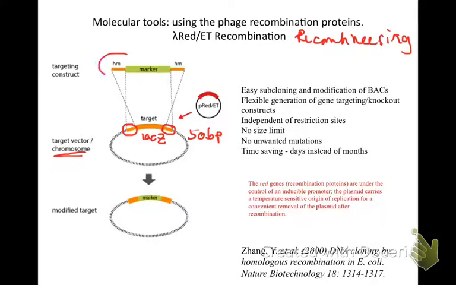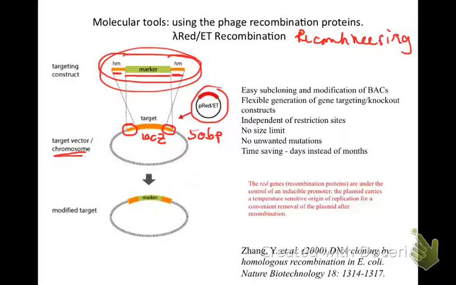And you construct this as your replacement for that. So you match those 50 base pairs on the end, you engineer your sequence to contain those, and then put your marker in between, your GFP or kanamycin resistance gene. You introduce this construct into the cell along with something called pRed.